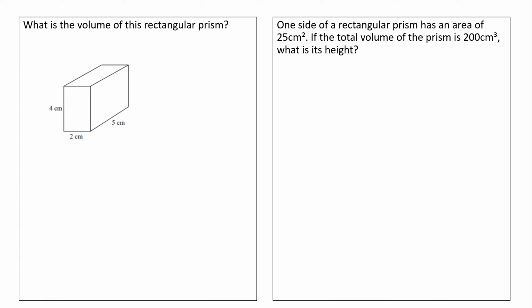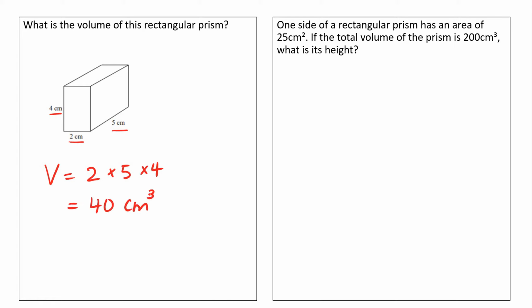Just a quick example to start. If we wanted to find the volume of this rectangular prism, all we need to do is multiply the length times the width times the height. So 2 times 5 times 4 gives us a total volume of 40 centimeters cubed.